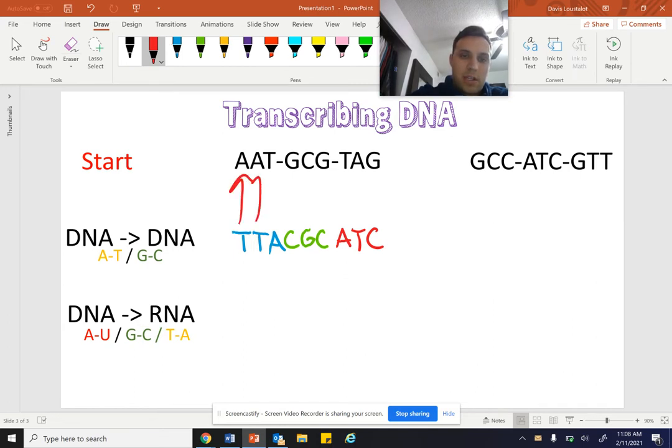This is what it would be. So my RNA strand should look exactly the same, but all the T's are going to be U's.